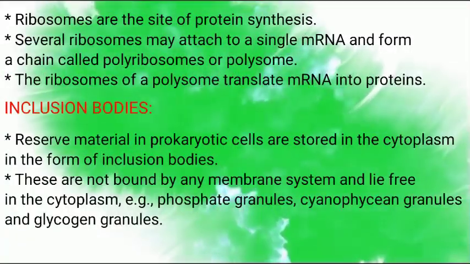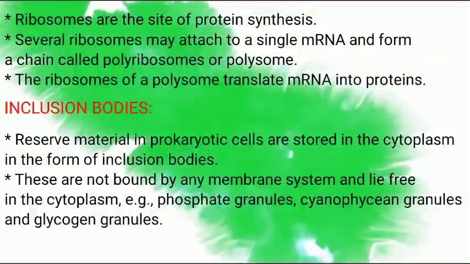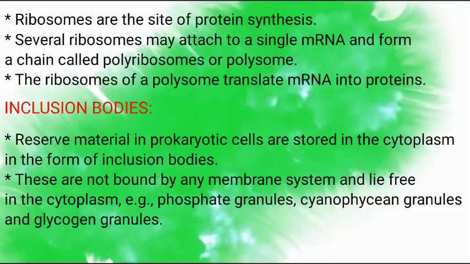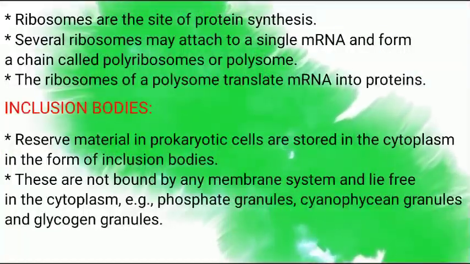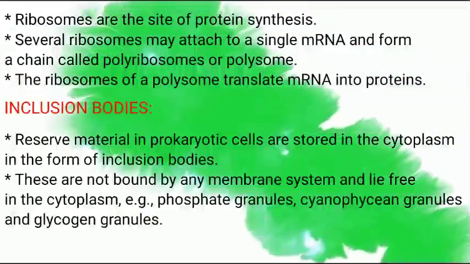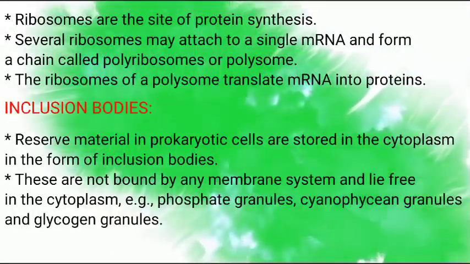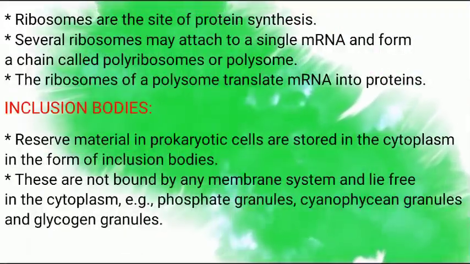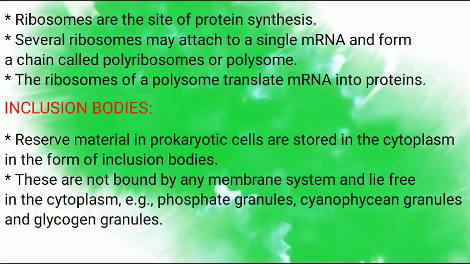Inclusion bodies. Reserve material in prokaryotic cells is stored in the cytoplasm in the form of inclusion bodies. These are not bound by any membrane system and lie free in the cytoplasm. Examples: phosphate granules, cyanophycean granules and glycogen granules.